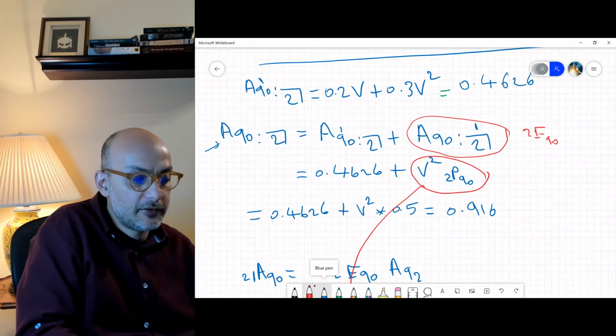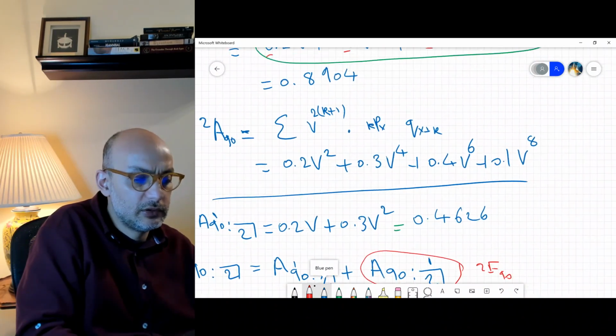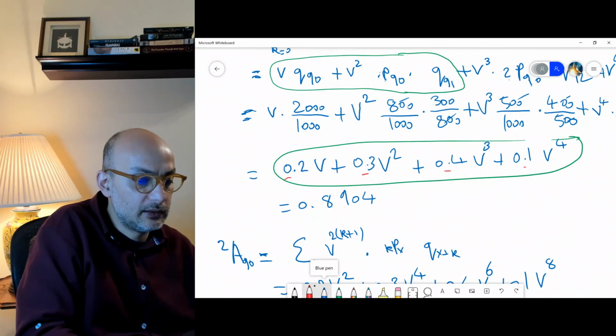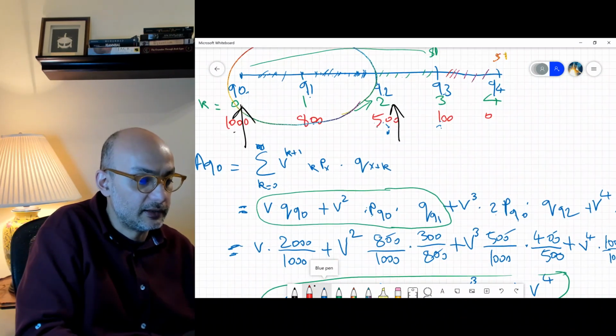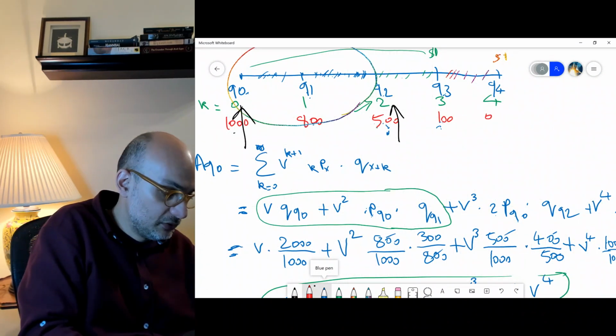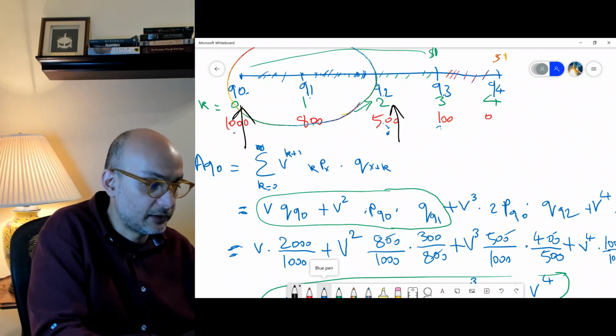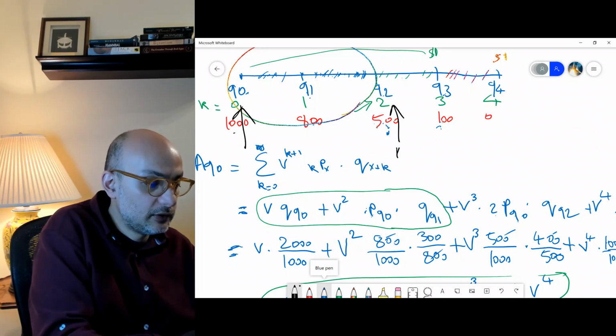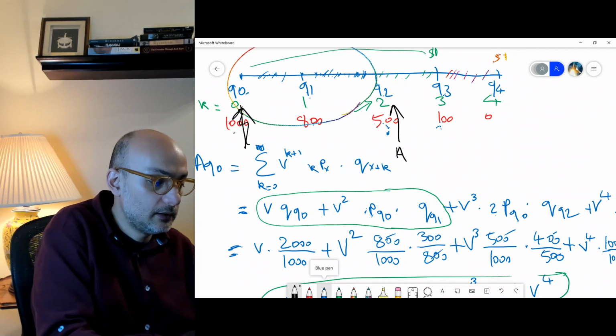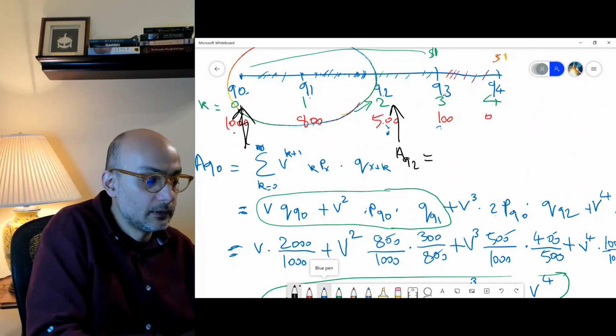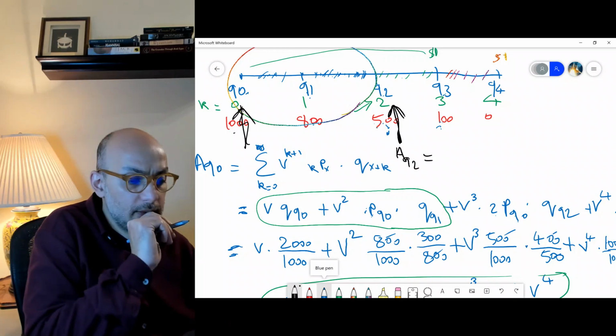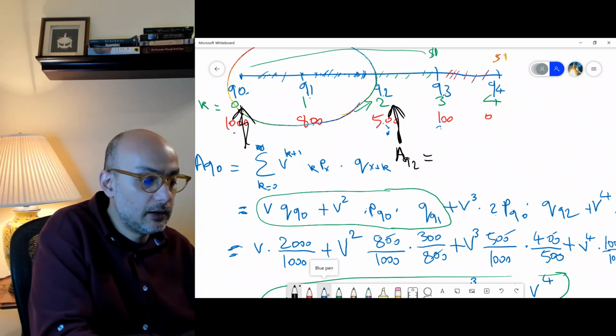There are several ways to compute it, but we can quickly compute it on this line here. So now let's compute on this line. It's getting crowded, but we wanted to calculate A92 here. Now we are here. We wanted to compute A92.